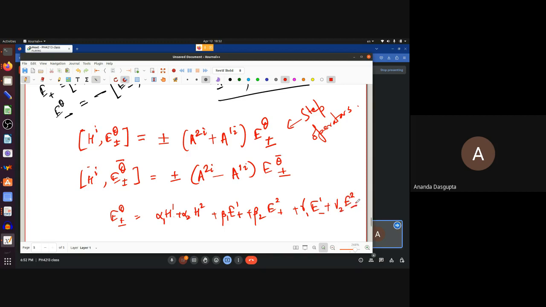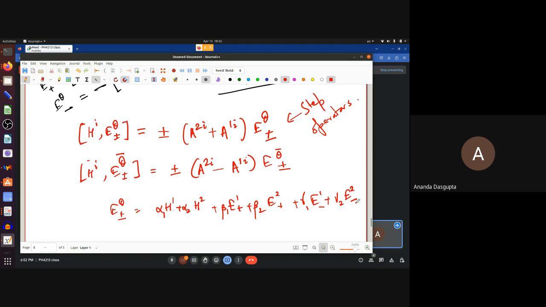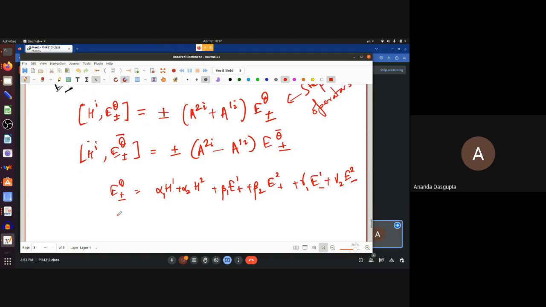This step is usually omitted from most books. That is, it's nothing new, it's just a linear combination. And a similar thing for E theta bar as well. You could just make an assumption like that. That these are not new, okay, not for plus minus, of course. For plus and for minus separate values of alpha 1, alpha 2, and so on.